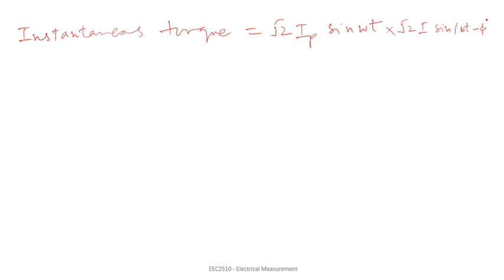So, instantaneous torque will be the product of the two currents, that is root 2 Ip sin omega t, multiplied by root 2 I sin (omega t minus phi), and there will be one more factor, dM over d theta, that is the deflection.